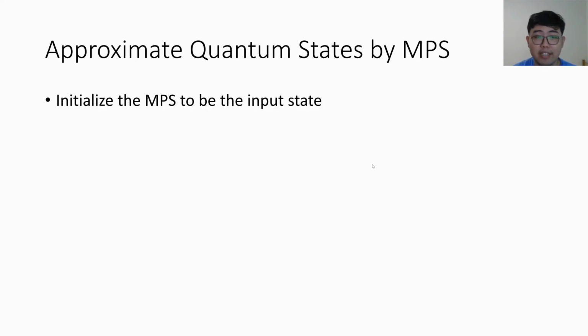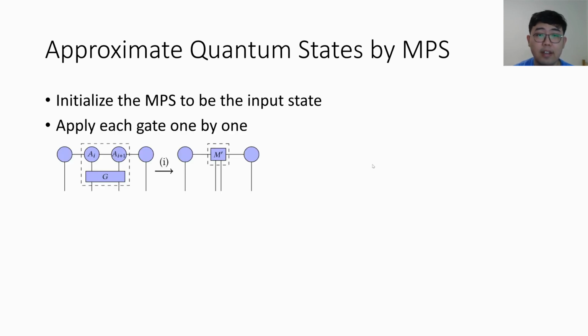To approximate the quantum states in the program using MPS, we first initialize the MPS to be the input state. Then we apply each gate in the program one by one and represent the resulting state as another MPS. In some steps, the resulting state may not be representable by MPS.